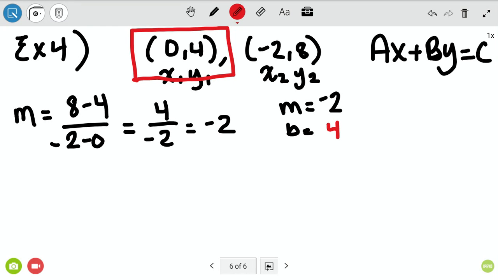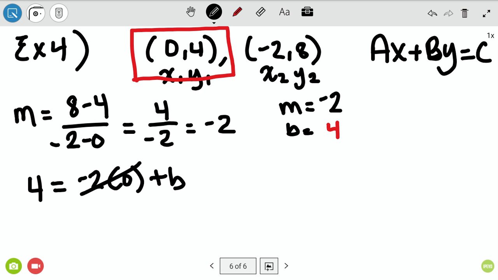Now, if you forget and you decide to do the math, you would have 4 equals my slope times my 0x plus b. 0 goes away, and I get 4 equals b, which we already knew. So if you forget it and you take the long way, it's just an extra couple seconds of math, no harm, no foul, but this is just a nice little bonus.